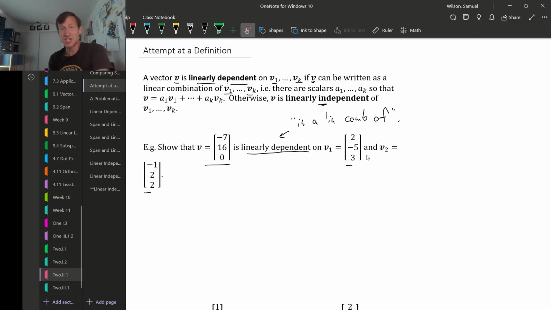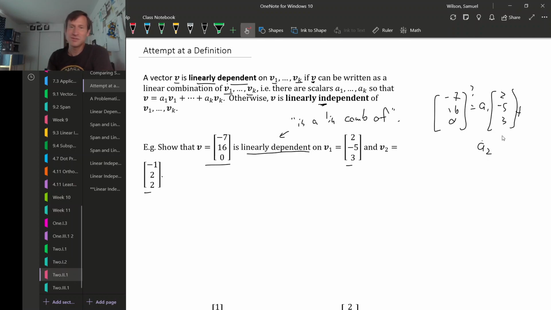And we know how to check if one vector is a linear combination of two others. What we need to know is whether there is a solution to this vector equation, a2 times minus 1, 2, 2. We know that we can answer this question just by solving this linear system.